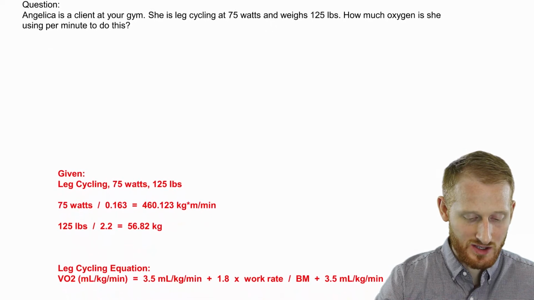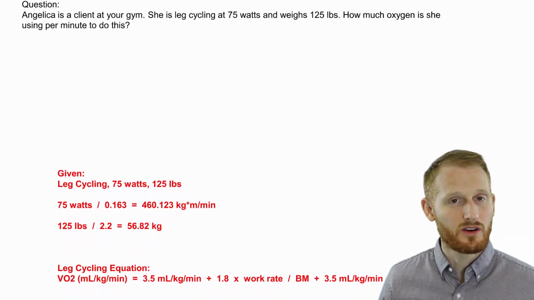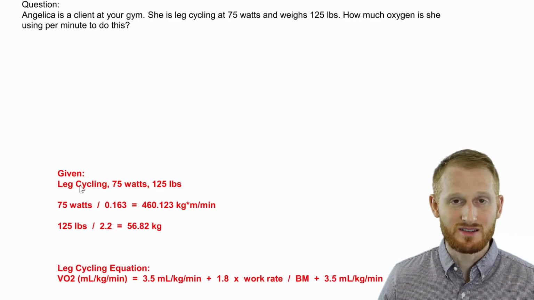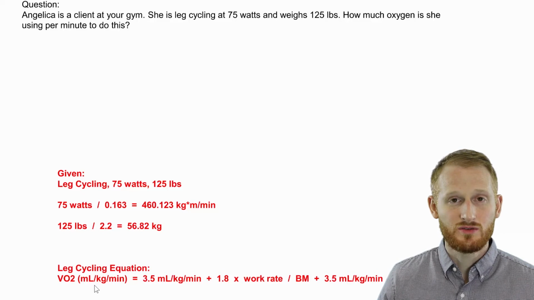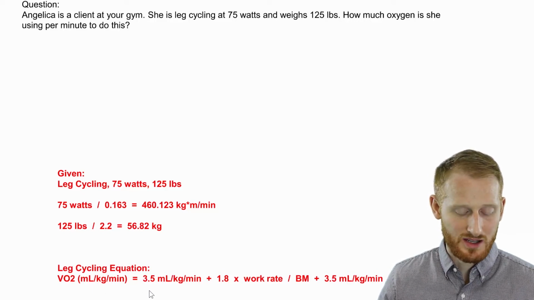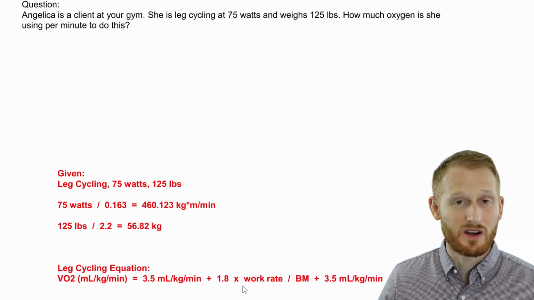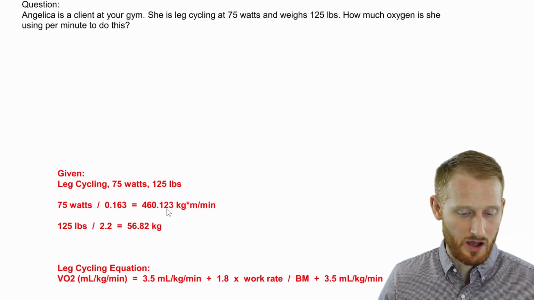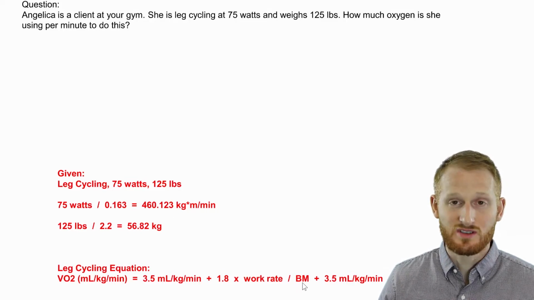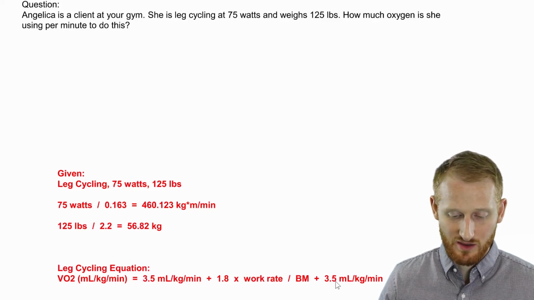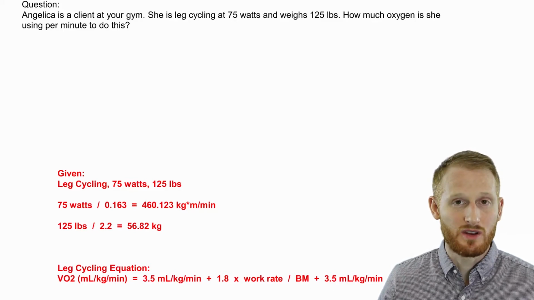Let's get the equation up, which is our next known variable, because once we know leg cycling is our modality, we can easily look up this equation. So VO2 in relative terms, so that is milliliters of oxygen per kilogram of body mass per minute, on a leg cycling ergometer is 3.5 mL per kg per minute plus 1.8 times the work rate, divided by the body mass in kilograms, plus 3.5 mL per kg per minute again.